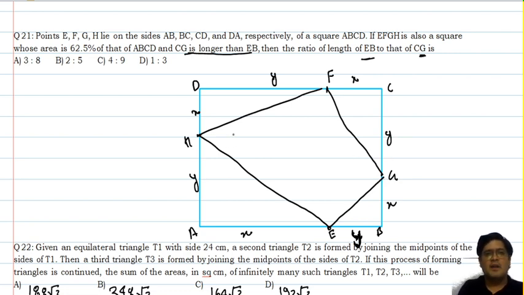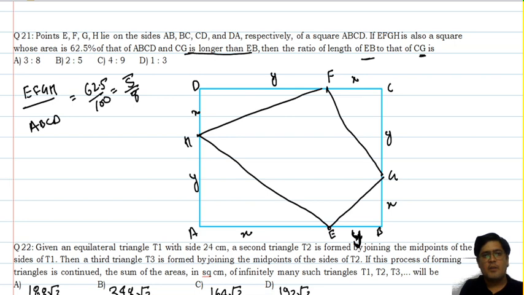See, the area of the inner structure EFGH when divided by the area of ABCD is 62.5%. Guys, remember ratios. This is 5 by 8. Now please pay attention. Because I'm working with squares, let me multiply both with 2.